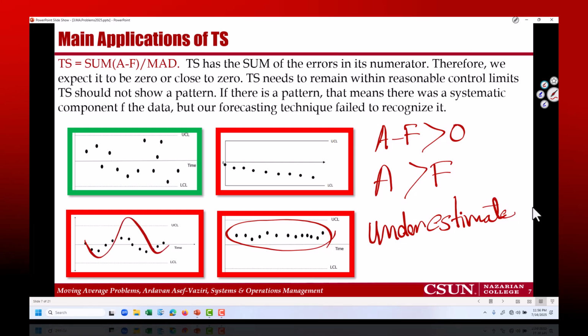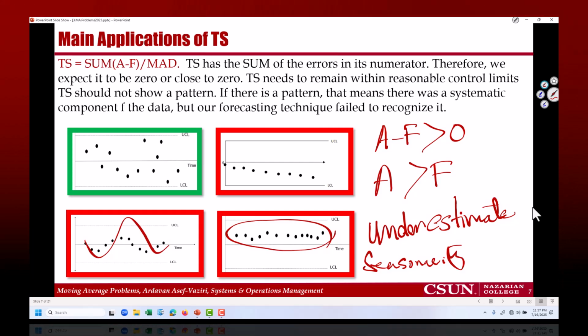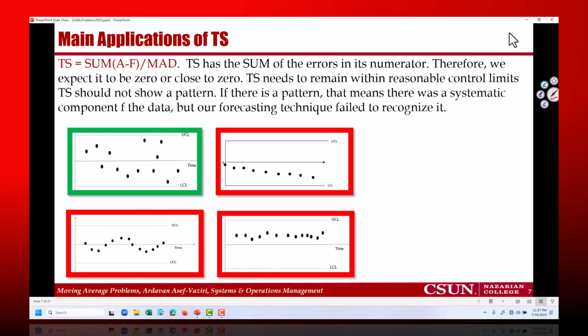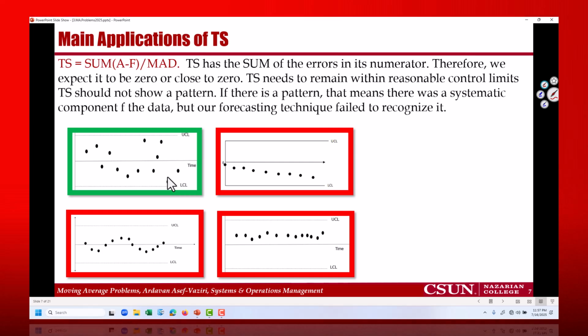It means there is seasonality in the demand, and we have not included it in our forecasting technique. Or for no reason, we have included seasonality in our forecasting technique, but it does not exist in reality. A good tracking signal is something like this, which shows random variations around 0.